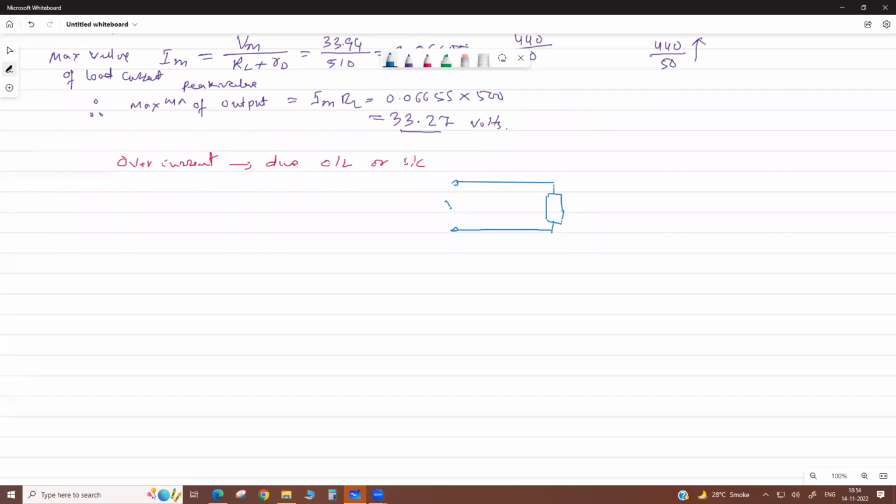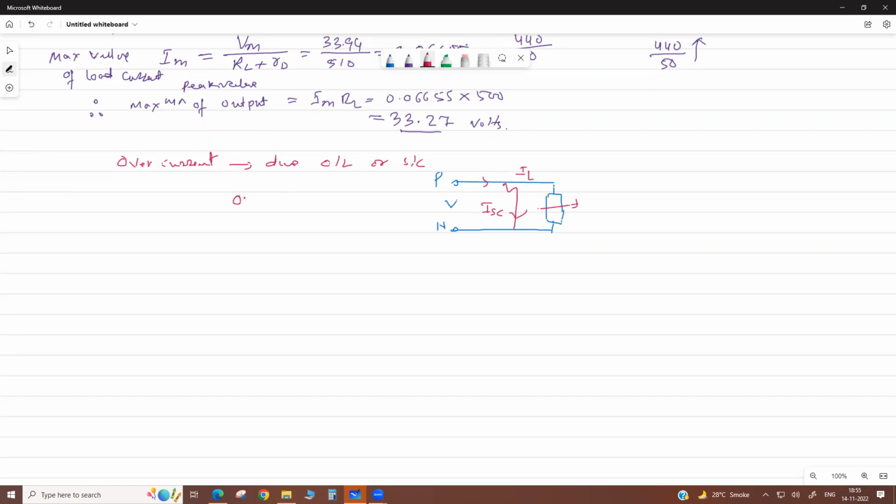We apply voltage V, phase and neutral. When this load is increased, a high load, it draws more load current than the rated current. Or within the equipment or outside the equipment, this is shorted, then the current takes a short circuit path. So there is a short circuit current which is also higher than the rated current.